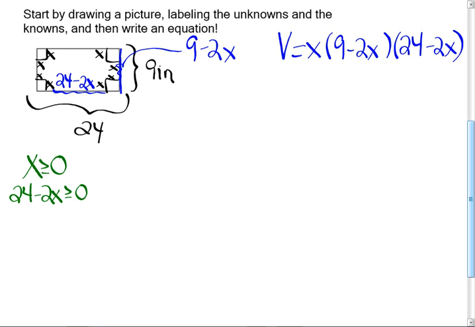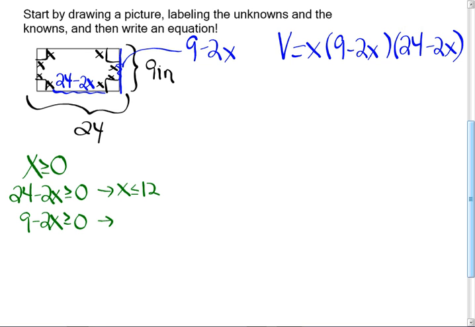And what's the other side? 9 minus 2x is greater than or equal to 0. This means x is going to be smaller than or equal to 12.